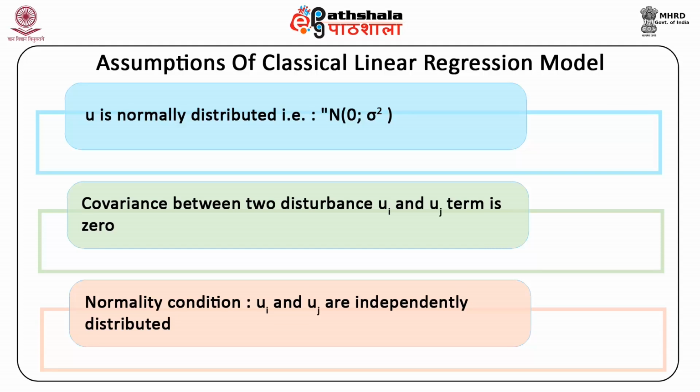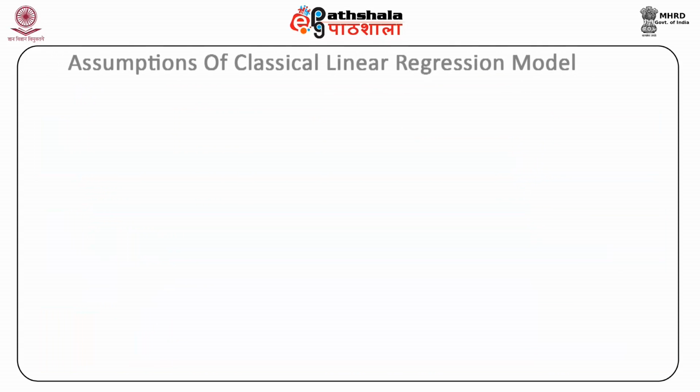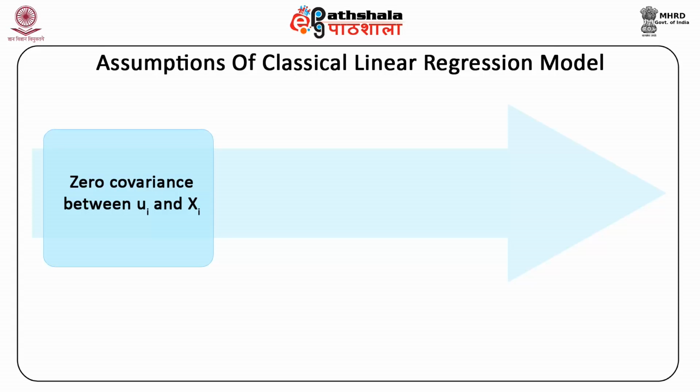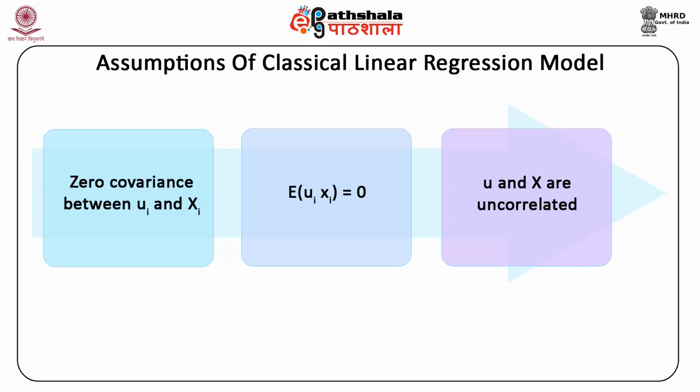Thus, with normality condition, ui and uj are not only uncorrelated but are also independently distributed. Assumption 10. Zero covariance between ui and xi, or E of ui xi is equal to 0. This means that the disturbance u and the explanatory variable x are uncorrelated.